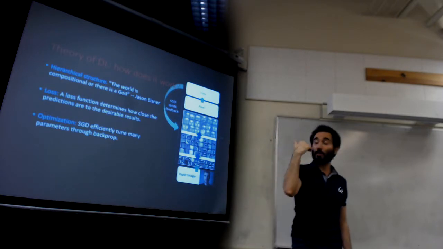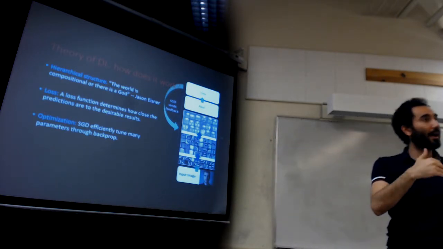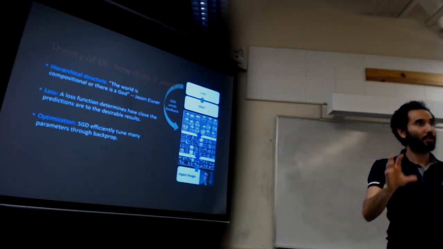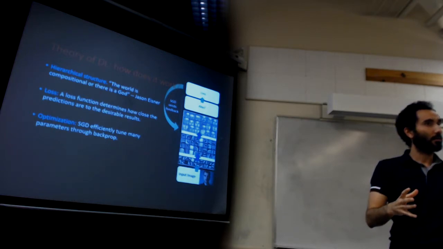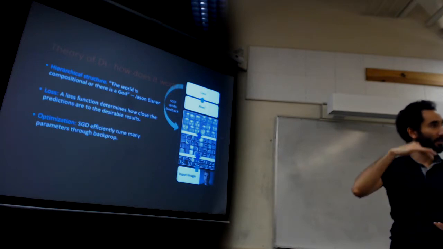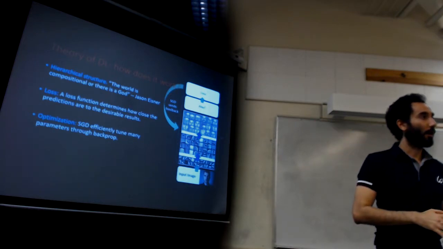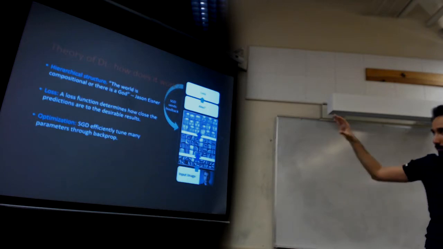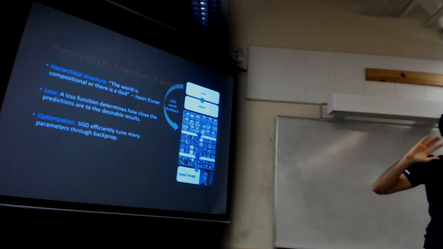If you show it so many examples, after a while it gets very good at detecting different features in your data. Finally, it will get so good that it can do the task with high enough accuracy if you have enough data and if your model is created properly. So that's pretty much deep learning in the simplest form.